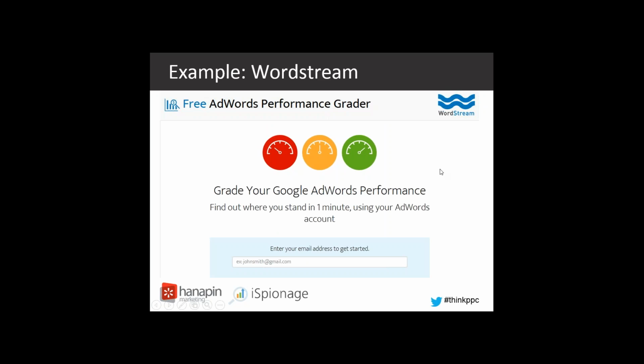Another one here is for WordStream. They use an AdWords performance grader. So instead of your standard free trial or free account or buy now type of call to action, they're offering a free AdWords performance review, and all you have to do is enter your email to get started and see that.